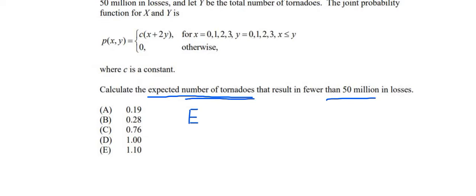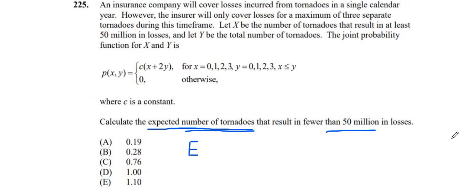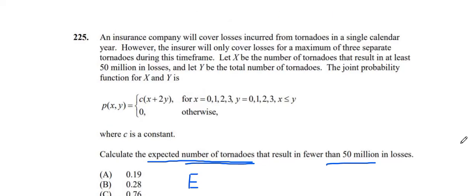Here X and Y: the number of tornadoes is X or Y. So this is X, the number of tornadoes that result in at least 50 million loss, and Y is the total number of tornadoes. Here we want to find X.